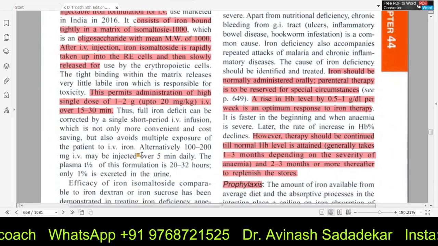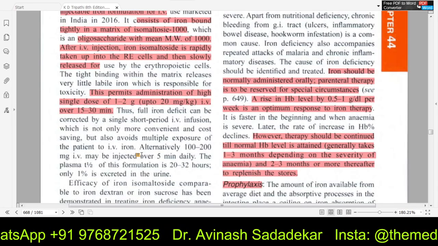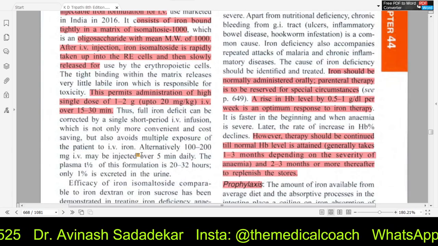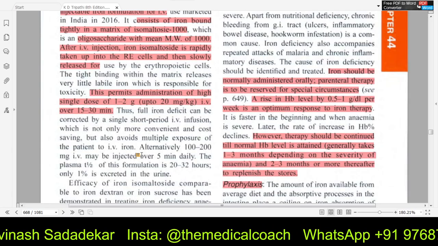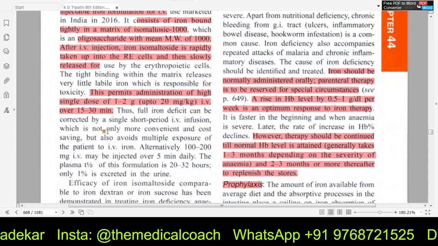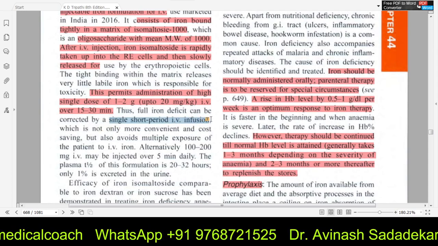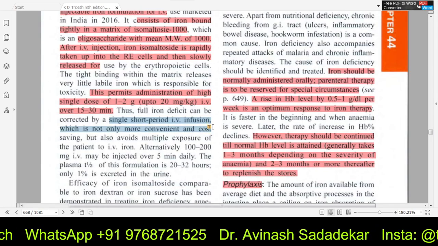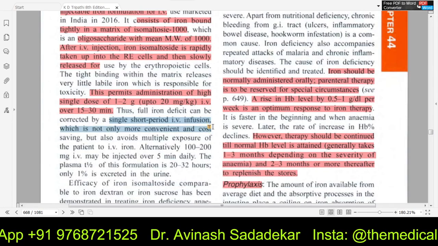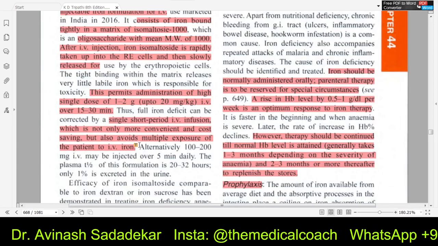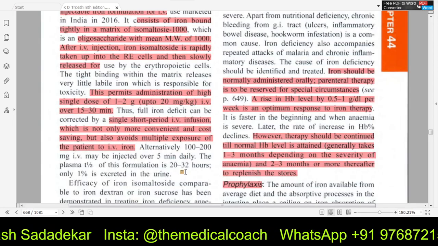What used to happen in previous medicines that we have discussed, we had to give it in parts so that toxicity does not happen. So 2 or 3 infusions had to be given sometimes. Here, a single short-period IV infusion is amazing because the patient has to come once, there are cost savings, and multiple exposures to IV iron, injections, and syringes are all avoided. So it's very, very good.